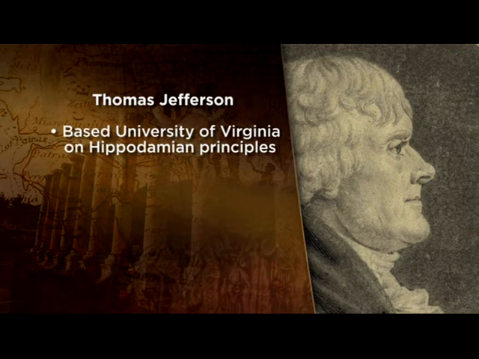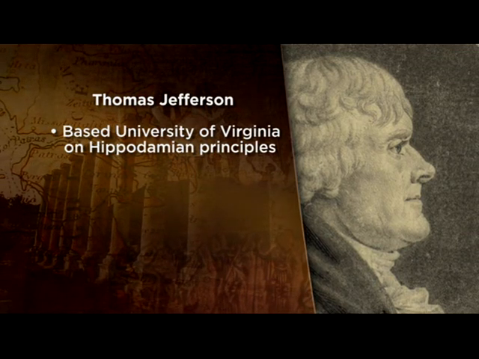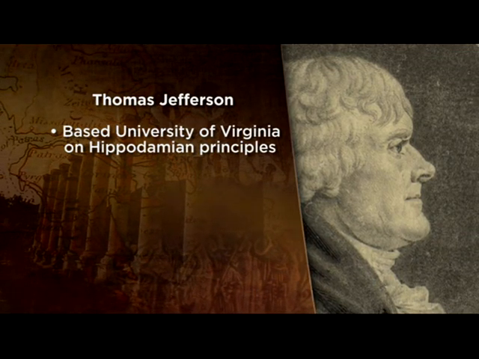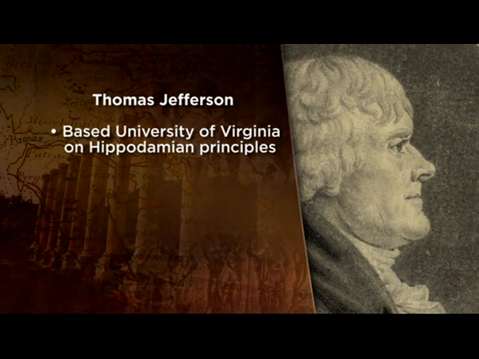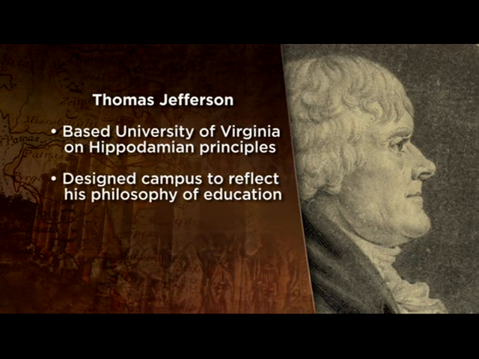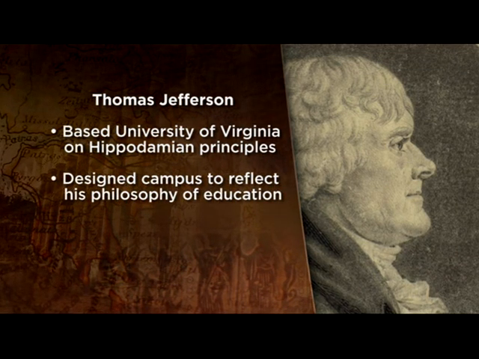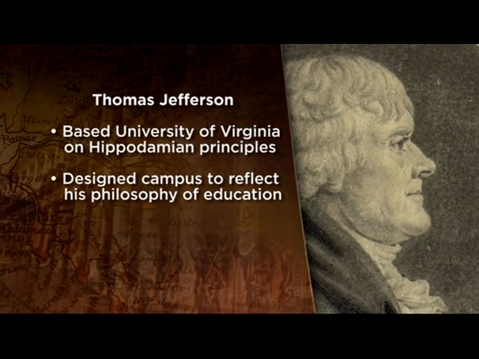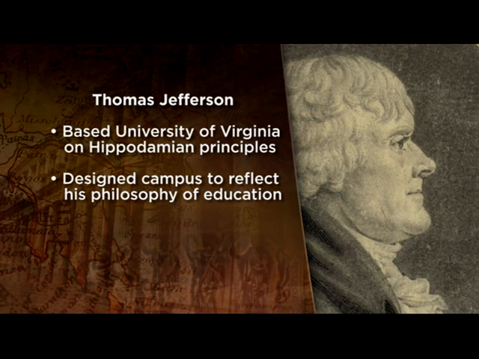But more interestingly, Hippodamus presented something of a model to other city and constitutional planners. Thomas Jefferson, whose work designing the University of Virginia was based on Hippodamian principles, is, I think, the most important of these individuals. He designed the university campus to reflect his philosophy of education, not just the practicalities of getting around.